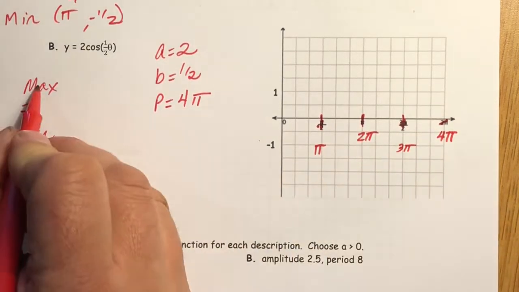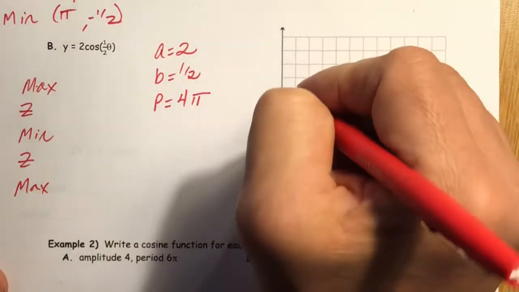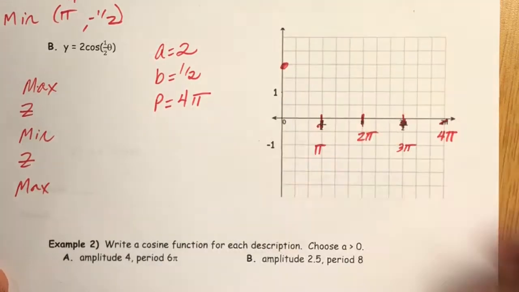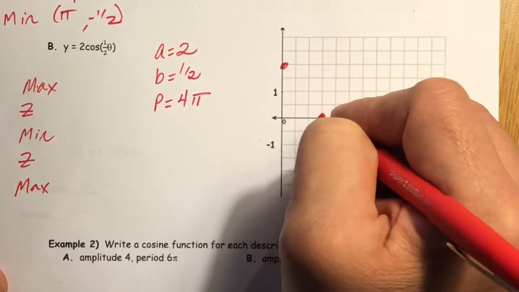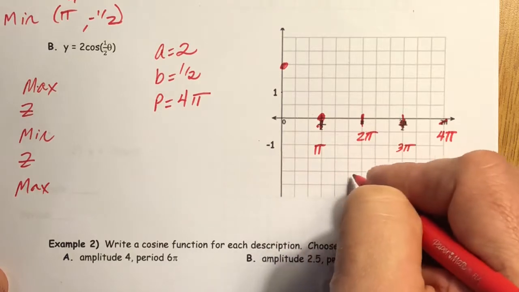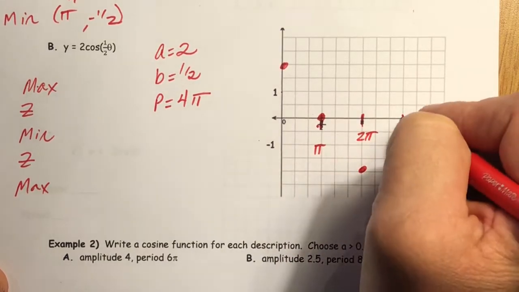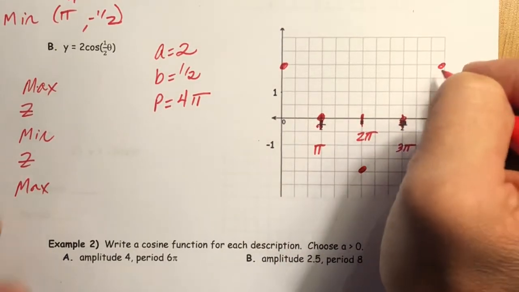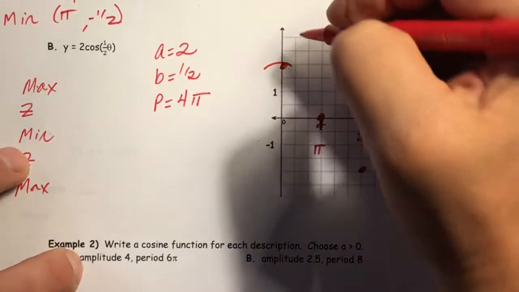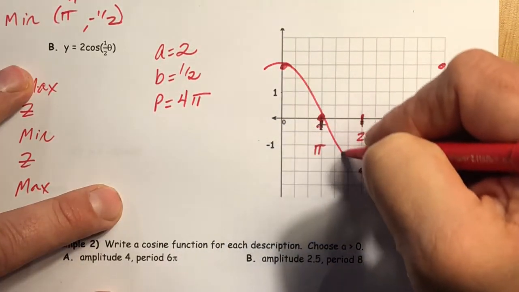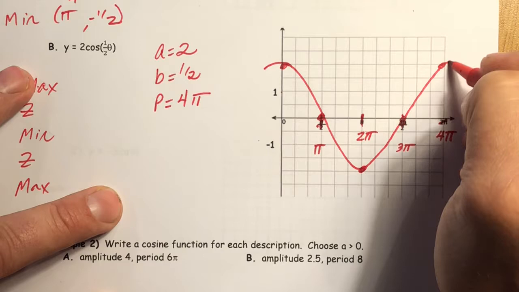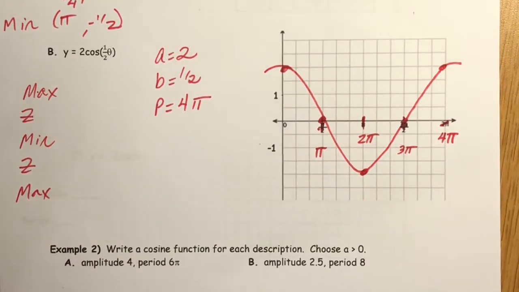All right, let's start here with our maximum. Our maximum is 2. So I'm there: maximum, 0, minimum, 0, maximum. And there's my graph.